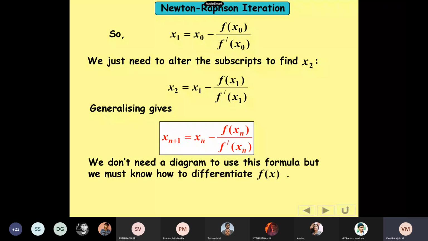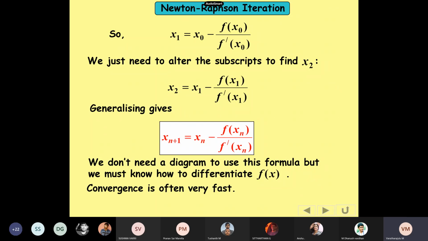We do not need a diagram to use this formula, but we must know how to differentiate. So differentiation and integration basic formulas are essential to carry out the Newton-Raphson method. Making the diagram all the time would not be feasible, but with these formulas we can find the results. The convergence rate is also very essential.